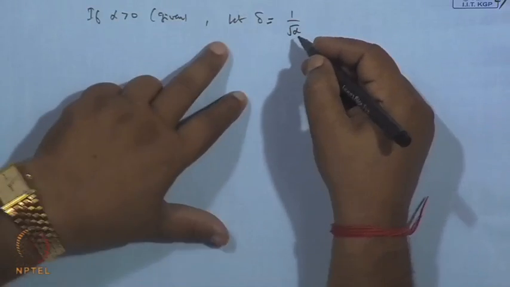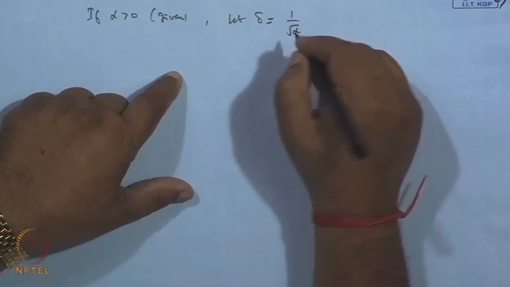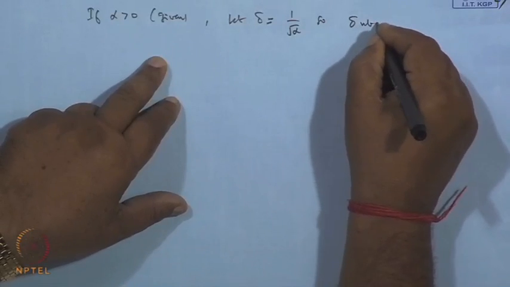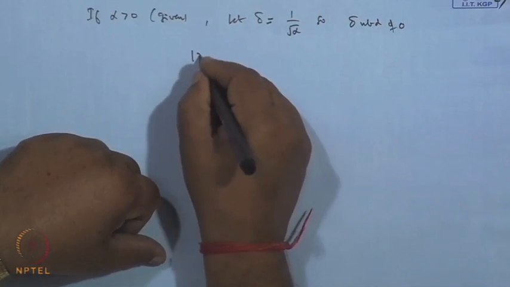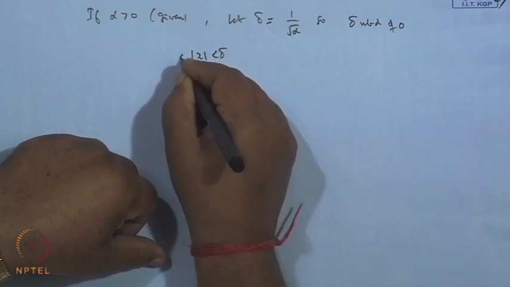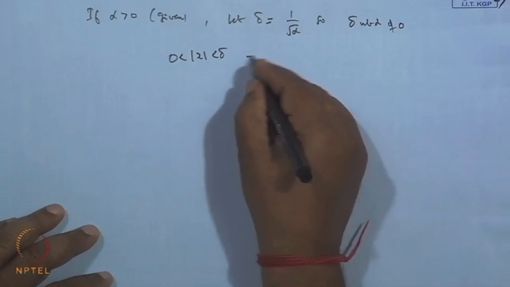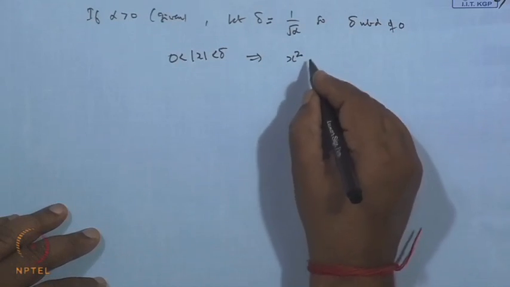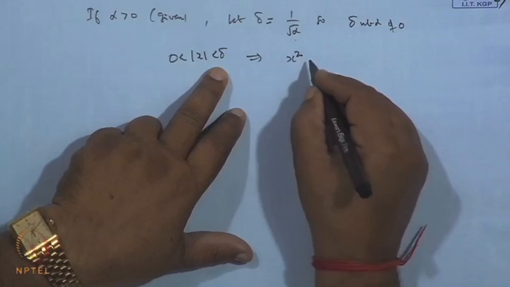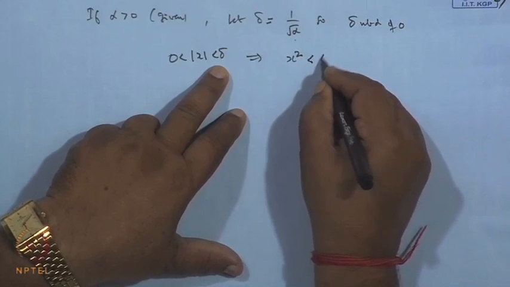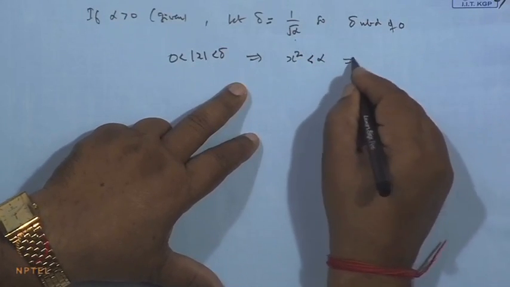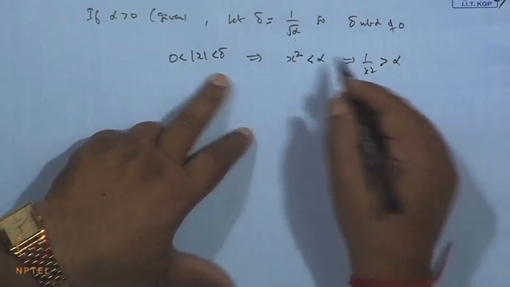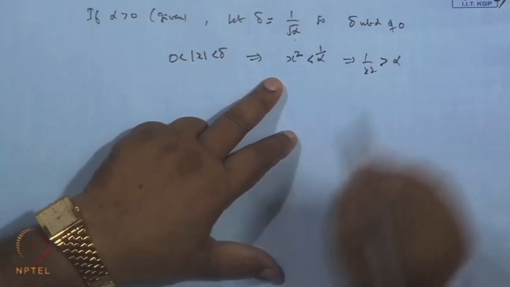Now the delta neighborhood of 0 means mod of x is less than delta, and greater than 0. Then this implies that x square must be less than 1 by alpha, since delta is 1 by root alpha. So x square is less than 1 by alpha, and hence 1 by x square will be greater than alpha.